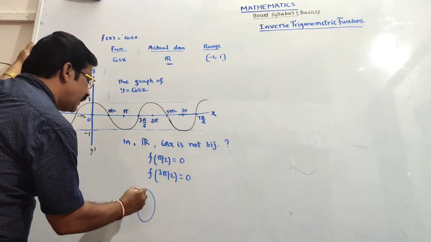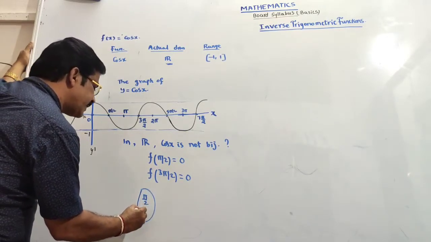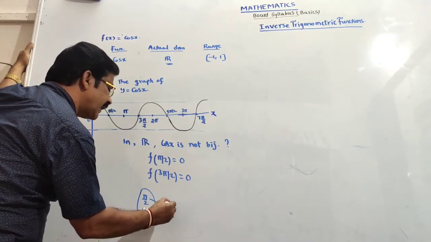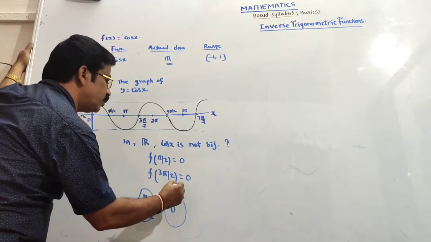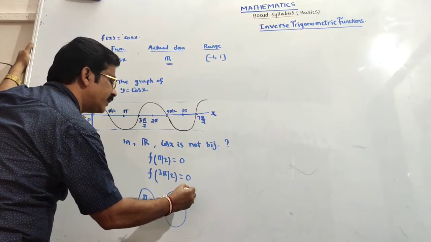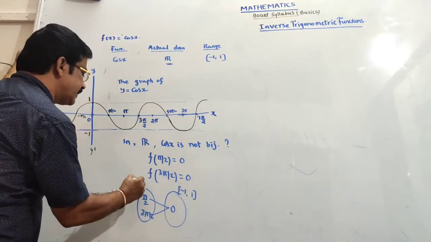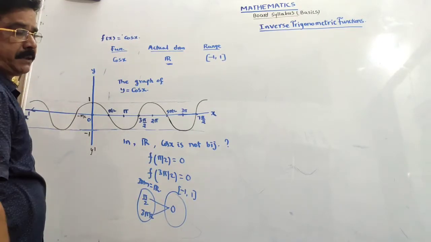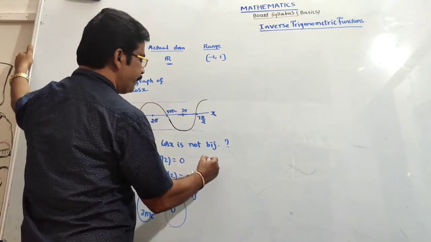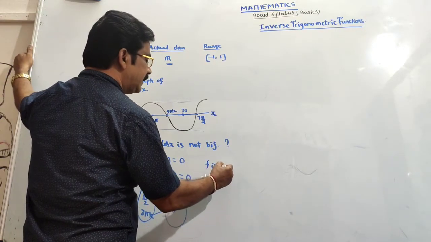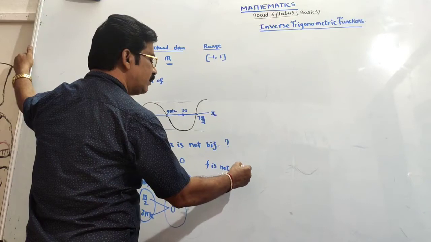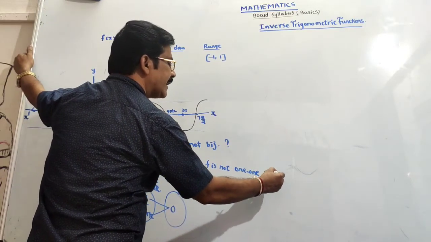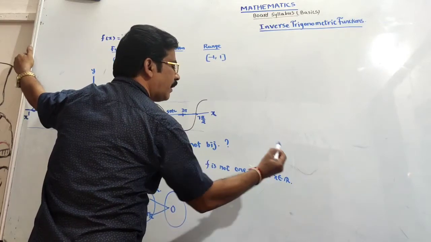So both pi by 2 and 3 pi by 2 are mapped to the element 0 in the codomain, the closed interval of minus 1 comma 1. This is the domain, the real number set capital R. So clearly f is not a one-one function for x belonging to capital R.